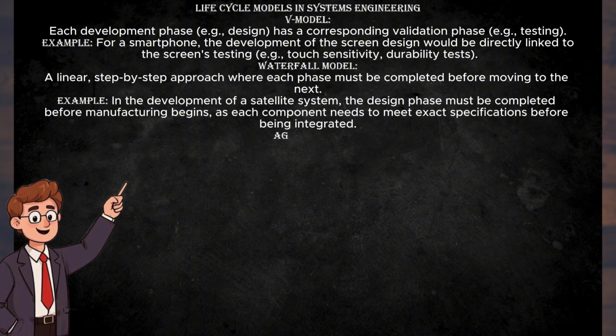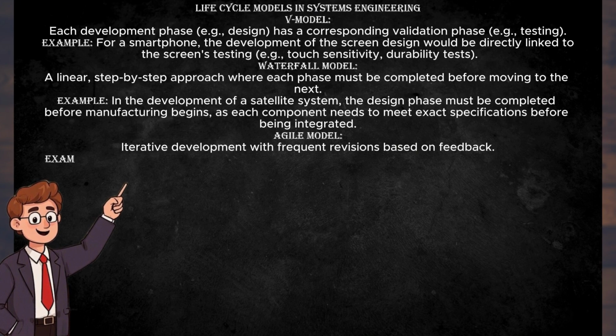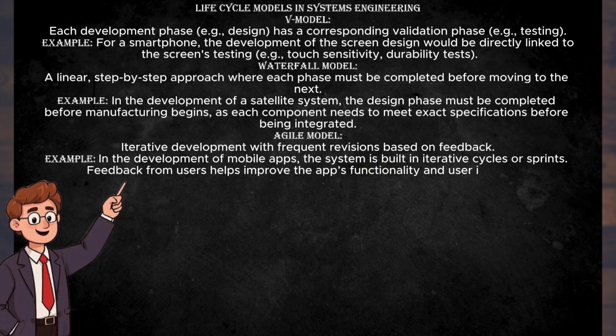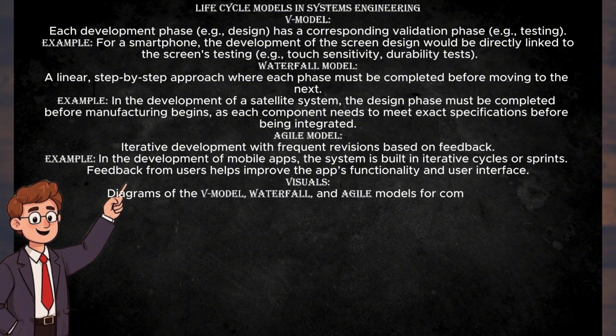Agile model, iterative development with frequent revisions based on feedback. Example, in the development of mobile apps, the system is built in iterative cycles or sprints. Feedback from users helps improve the app's functionality and user interface. Visuals, diagrams of the V model, waterfall, and agile models for comparison.